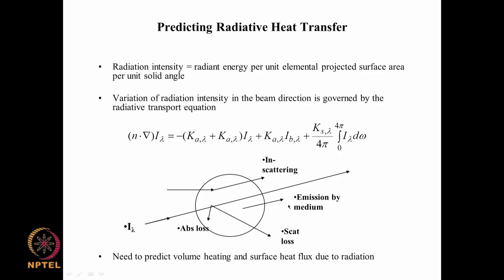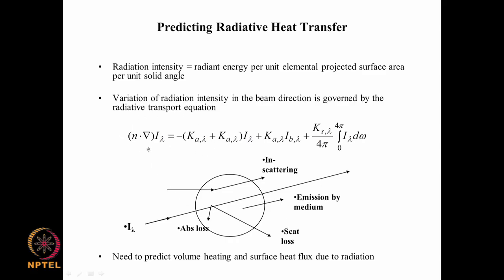So all these things together can be written in the form of an integro-differential equation. Okay. So the differential part comes from the gradient here, and the integral part comes from the integration of the scattering kernel, and then you have absorption here, okay, in-scattering, out-scattering, and then emission from the medium and absorption.